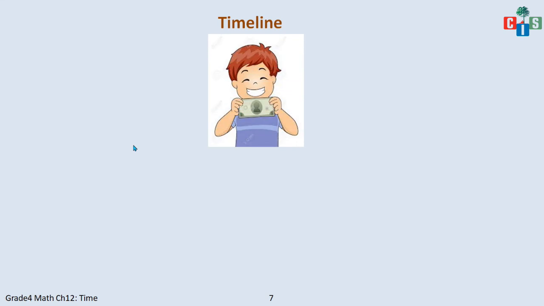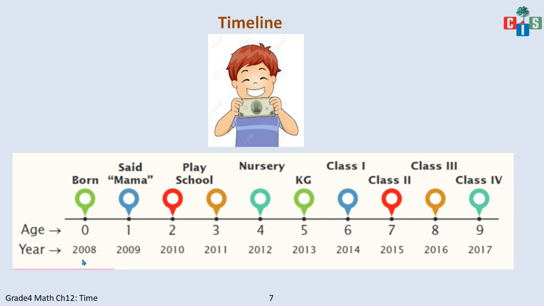Now for this I am going to have a boy named Rishi. Rishi was born in the year 2008, and he started to say mama in 2009, and he went to school in 2010 and 2011, that is play school.